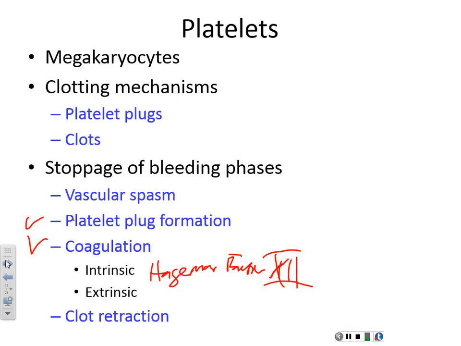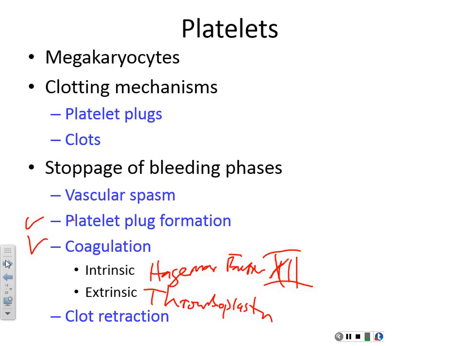And then the extrinsic is caused by something outside of blood that is released when tissues are damaged. What is it? Thromboplastin, right? So when tissues are damaged, they release that, and then the platelets start to become sticky and whatnot, and then they form a clot.